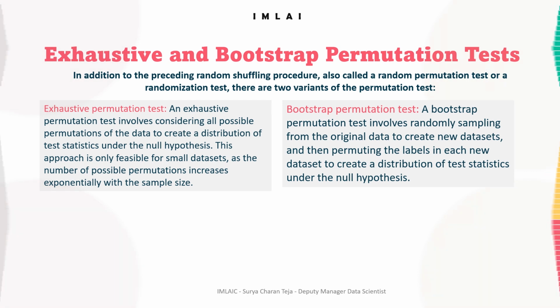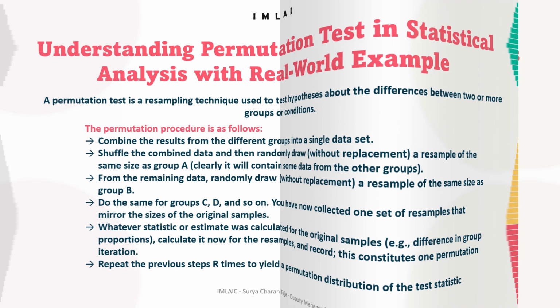The second one that we have here is bootstrap permutation. In a bootstrap permutation test, the draws outlined in step 2 and step 3 of the random permutation test are made with replacement instead of without replacement. This we have discussed; in short, we call it bootstrapping.